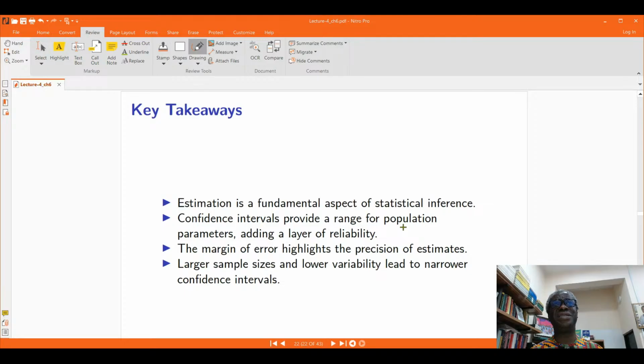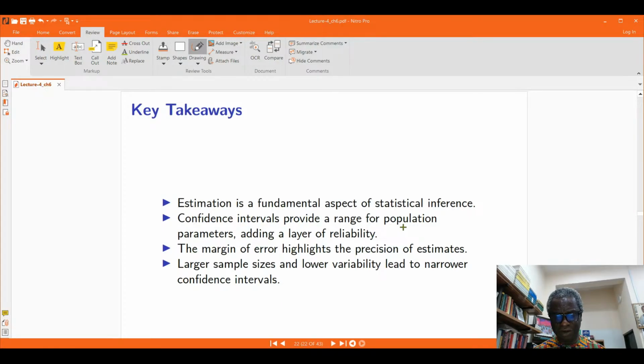That's using an interval estimate, rather than somebody who uses a point estimate and says the exchange rate will be exactly this. Using the interval, it's more reliable than when you use a single value.